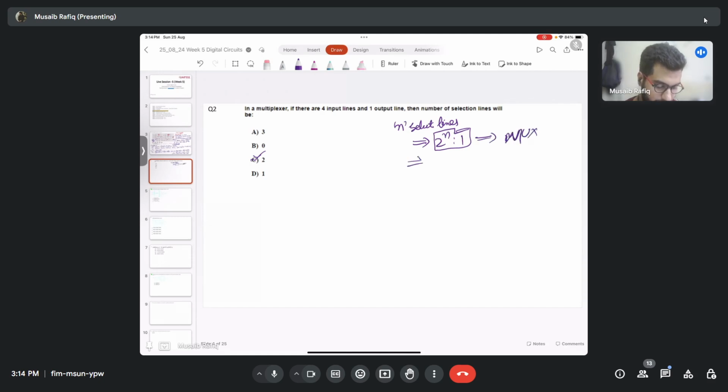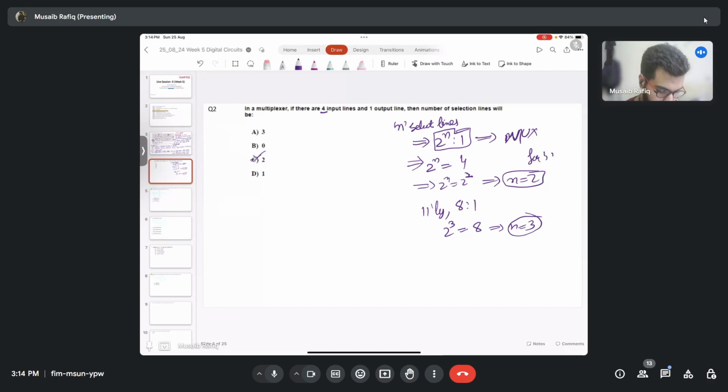Here we have 2 raised to the power n equal to 4, which implies 2 raised to the power n is equal to 2 raised to the power 2, so n is equal to 2. Similarly for an 8:1 mux, we will have 2 raised to the power 3 equal to 8, implying n equal to 3. So for 4 input lines, my select lines are 2.